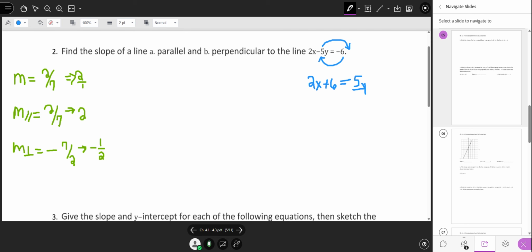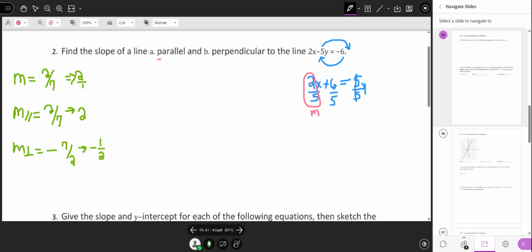And then I need to divide by 5. And because I need my slope, I need to divide each piece by 5. Now, that tells me m is 2/5.